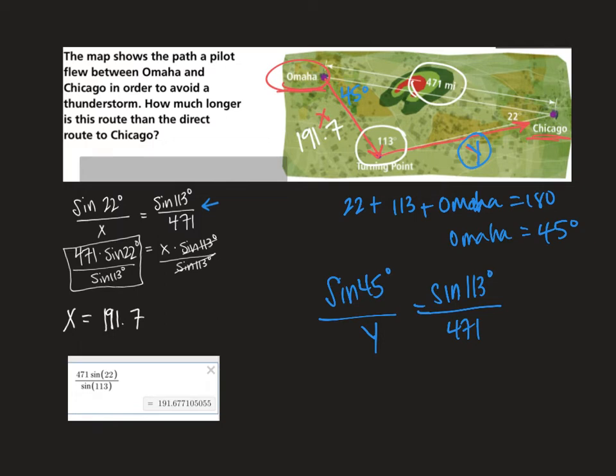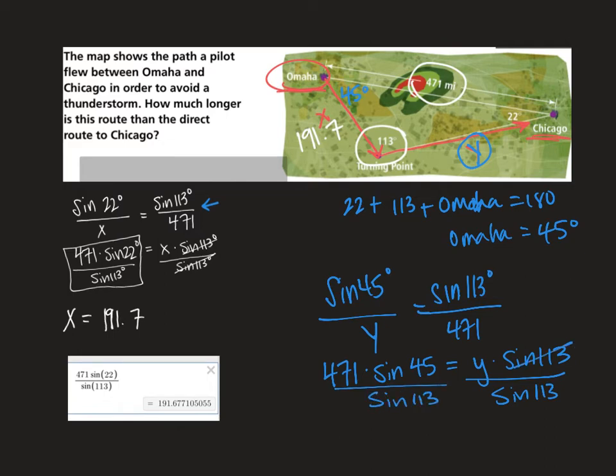And again, we're just going to cross multiply to solve this. So I get 471 times the sine of 45 is equal to y times the sine of 113. So I'm going to divide by the sine of 113. Those cancel, and now this is what I'm going to put into Desmos on my calculator.